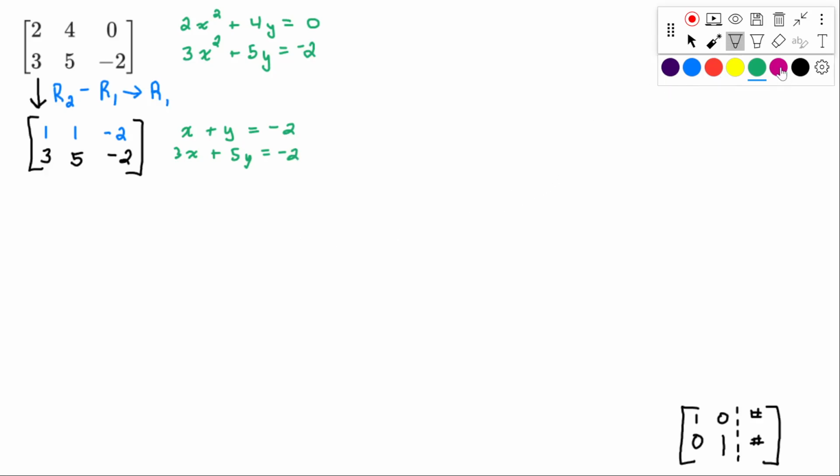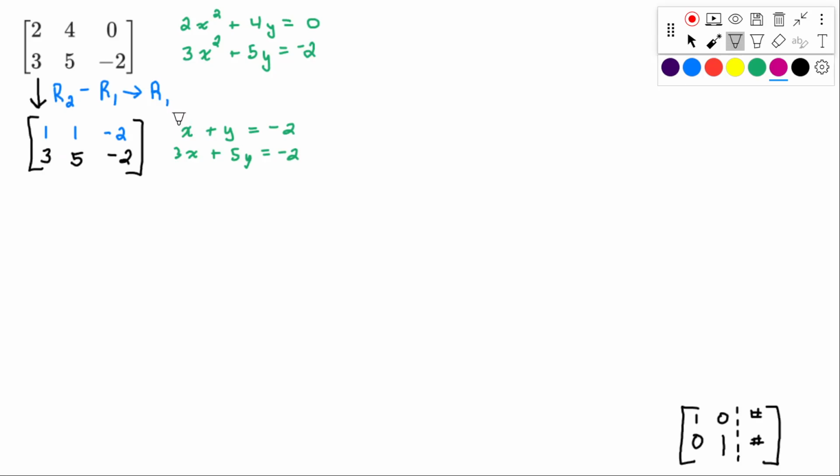So if you have your elimination hat on, what we're going to be doing next is we've got the 1 we need in our first column. We now need to find that 0 that goes in the first column. So we need to have the x's in this system eliminate in order to get a 0 to place here in this first column.